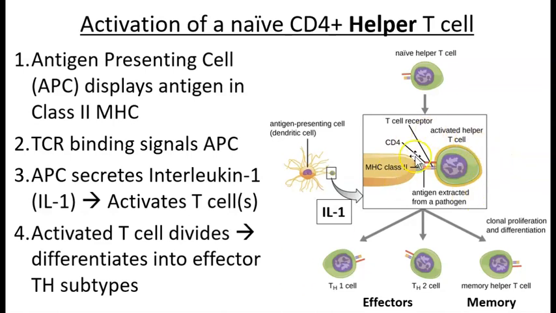So the binding not only stimulates the T cell, but this cell is also releasing a chemical to increase the response. It's almost like this cell is saying, hey, I've got a bunch of good stuff here. You need to make even more cells because we want to help our immune system out. And again, we're going to see a production of memory cells and we're going to see the production of our effector cells.